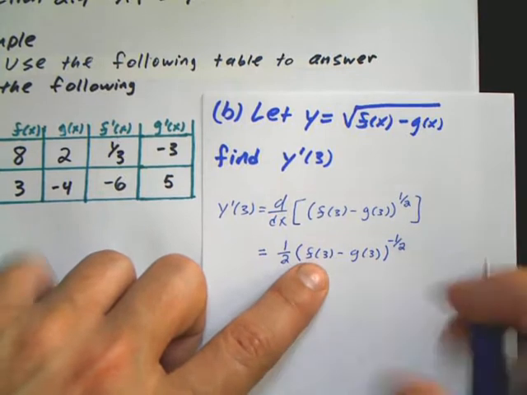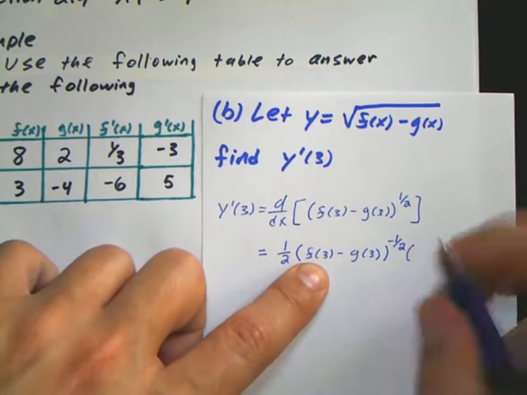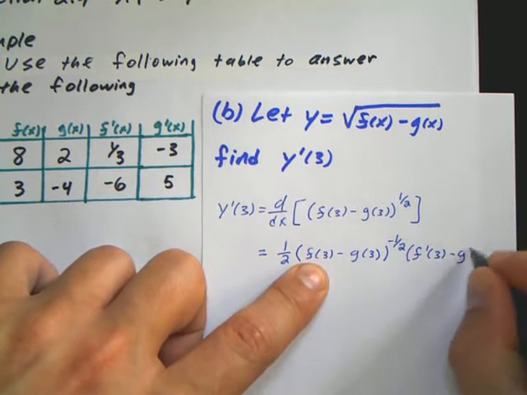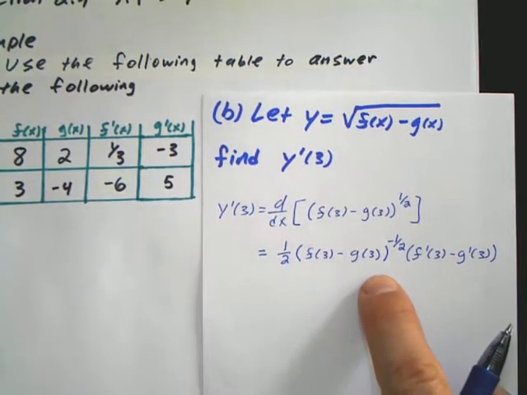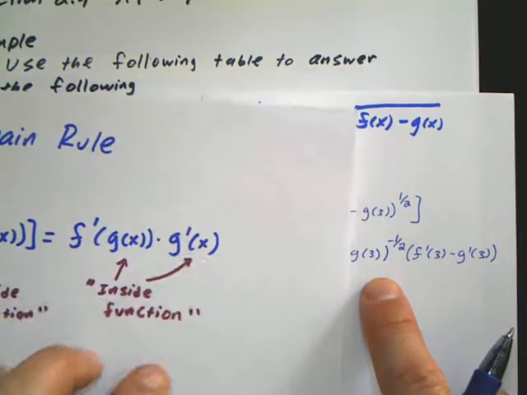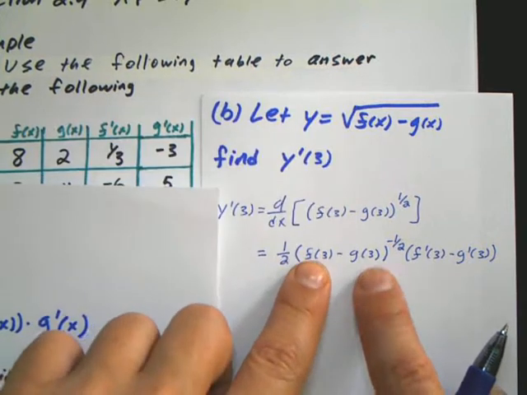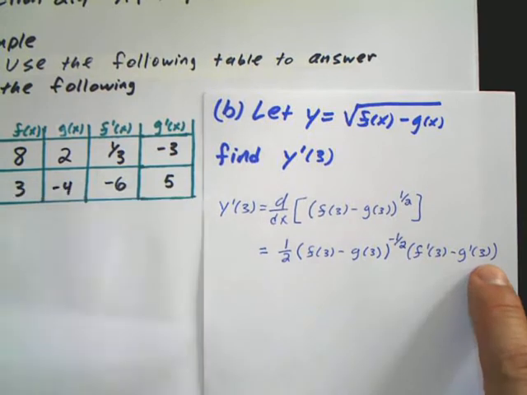We don't know what f and g are, so it's going to be f prime of 3 minus g prime of 3. So the inside portion, f of 3 minus g of 3, turned out to be f prime of 3 minus g prime of 3.